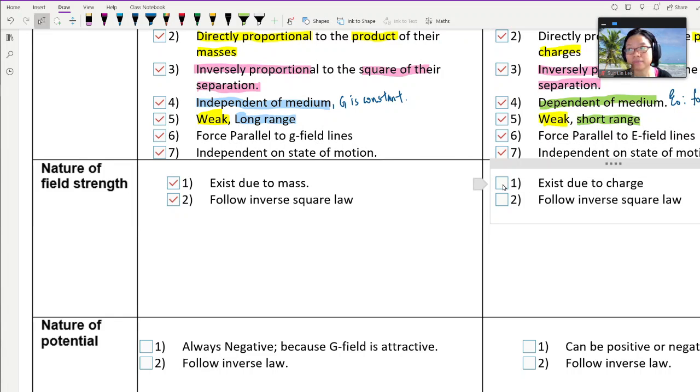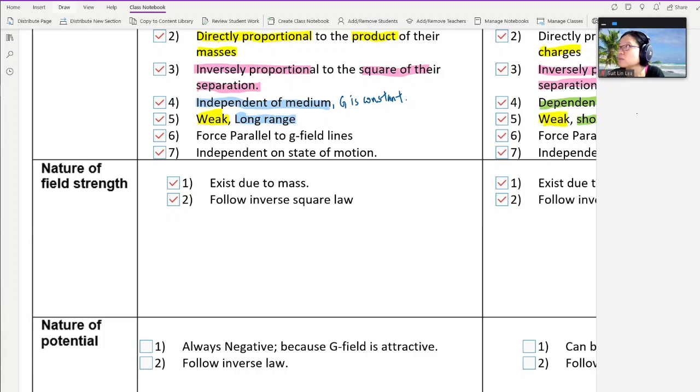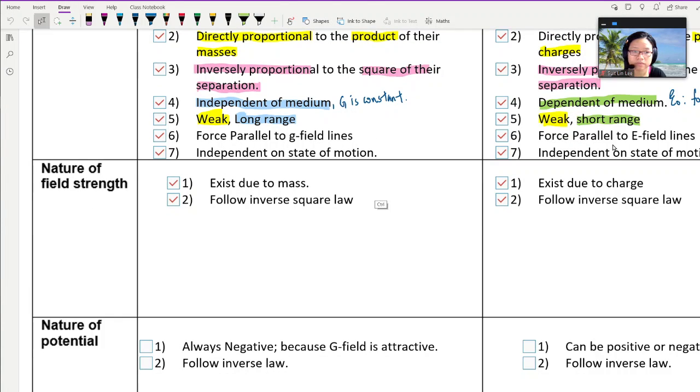Whereas electric force exists due to charges. So for you to set up an electric field, you need charge. And this one follows the inverse square law. So if you need a bit of help to remember the gravitational field strength equation, lowercase g is GM over r squared.